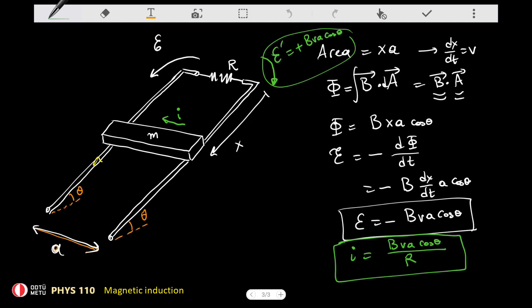You can think of it like that. So that's a positive current.